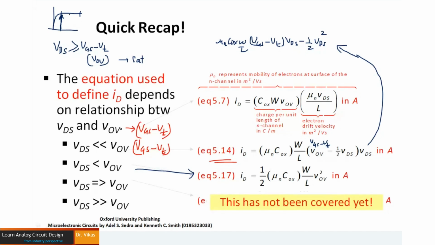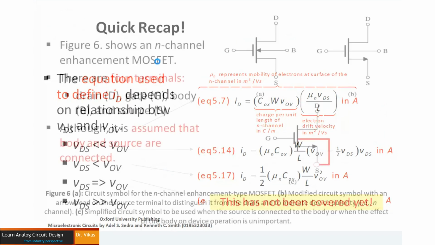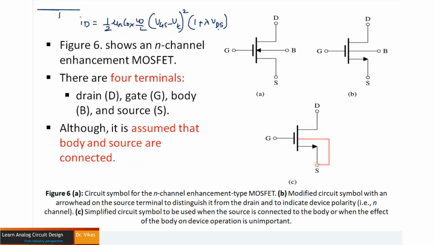But if you observe the graph, practically it was not constant, it was rising a little bit. So this small rise is expressed by 1 plus lambda times VDS, and this lambda term incorporates that incremental small change in the current.